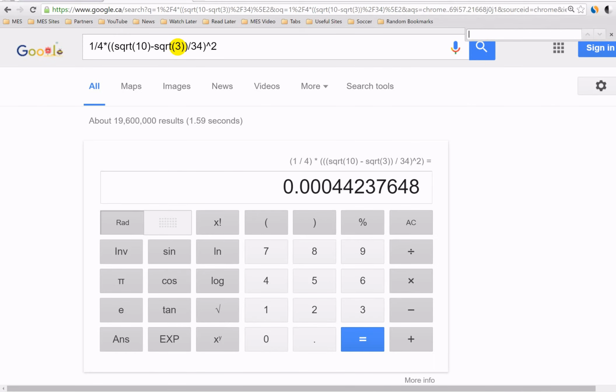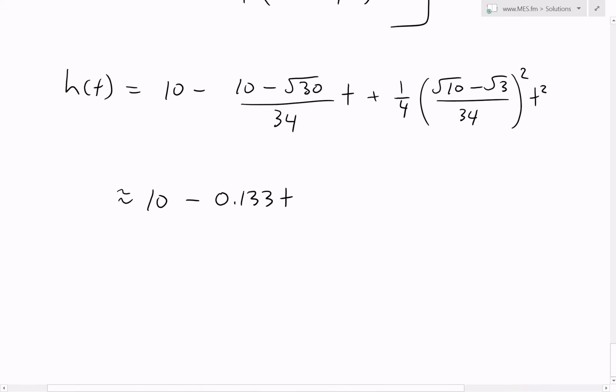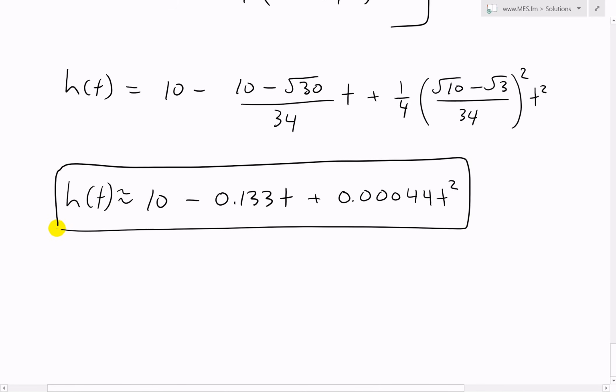And for the second part, which is 1 over 4 times square root 10 minus square root 3 divided by 34, all squared, we get 0.00044, and then a t squared. So this is our formula rounded for our height with time. So yeah, that's our answer.